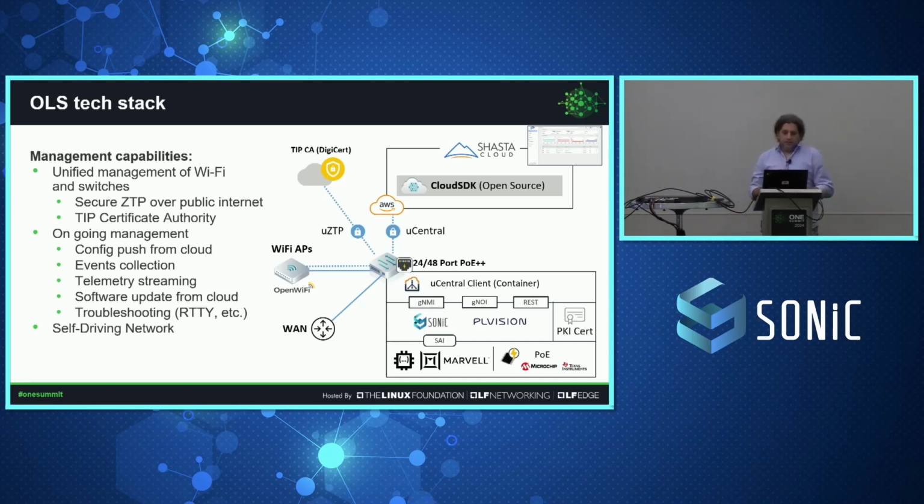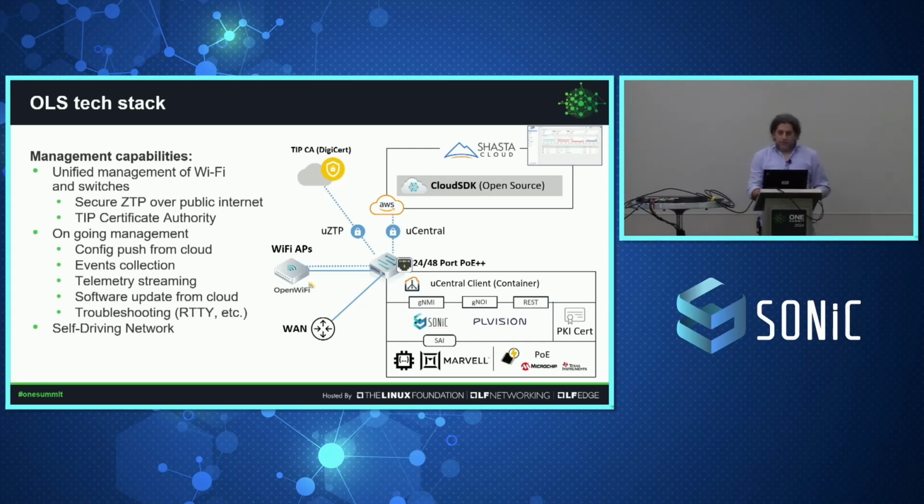It does that using the OpenLAN uCentral scheme, which is a scheme defined to manage the wireless devices. And above it, in the cloud, for example, you have the Shasta cloud, which has the, let's call it, the server side that connects to those switches, configures them, and displays all the information. And Taras will show that as we go.